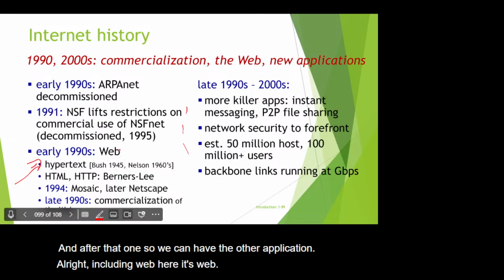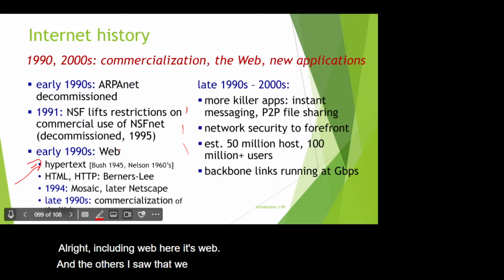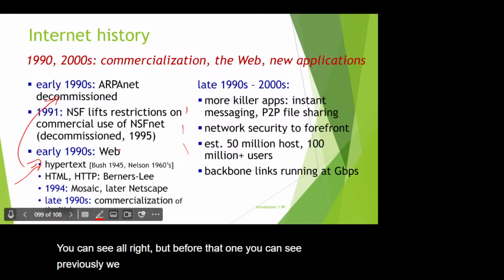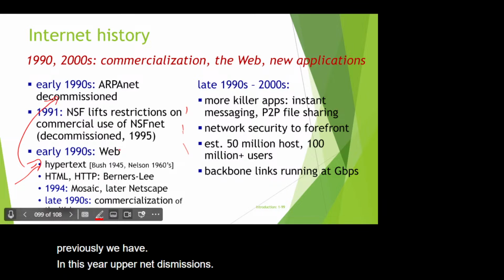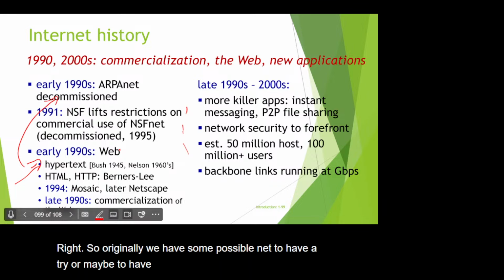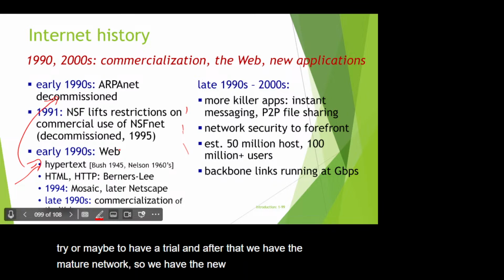And the others, so that we have the possible applications you can see. But before that, you can see previously we had ARPANET, but in this year, ARPANET is mentioned. So originally we had some possible nets to have a trial, and after that, we have the mature network.